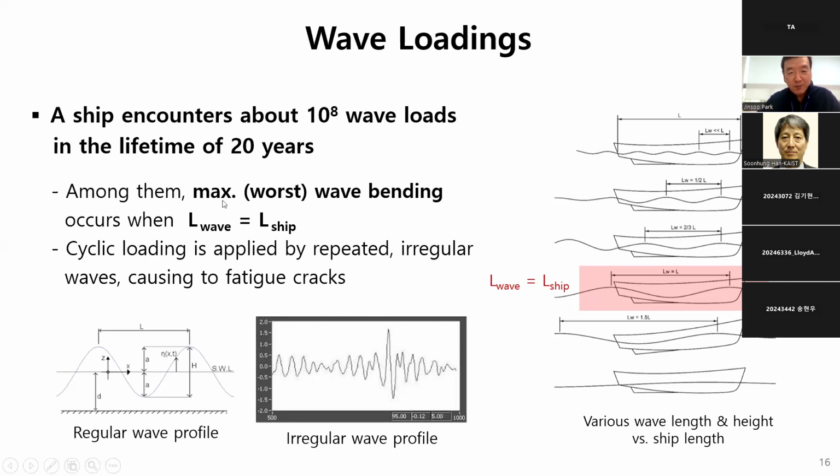Among those waves, the maximum, in other words, worst wave bending occurs when the wavelength is equal to ship length. As you can see from this red shaded color, wavelength from here to there is about the same as the ship length. This is the case that the maximum bending moment is applied against the ship hull. And also, cyclic loading is applied by repeated by these irregular waves, which sometimes causes fatigue cracks.